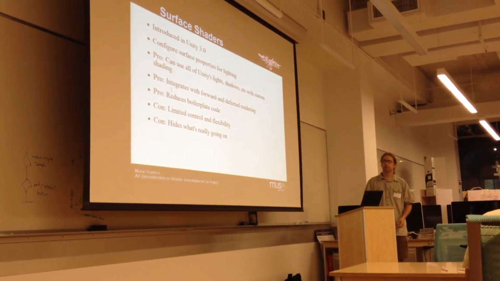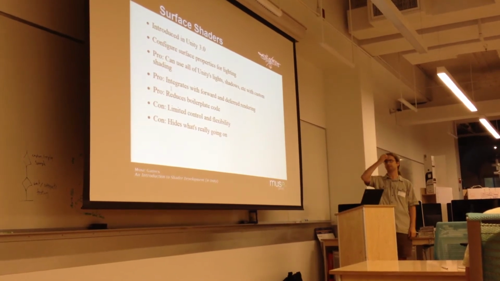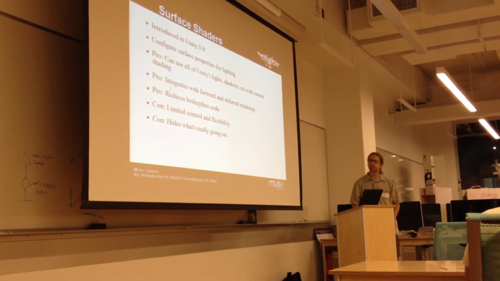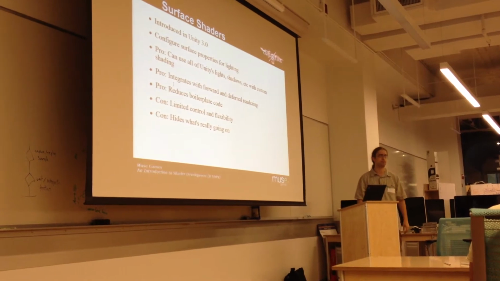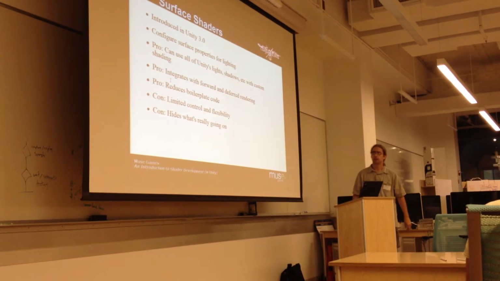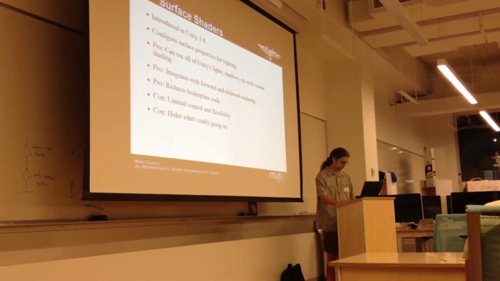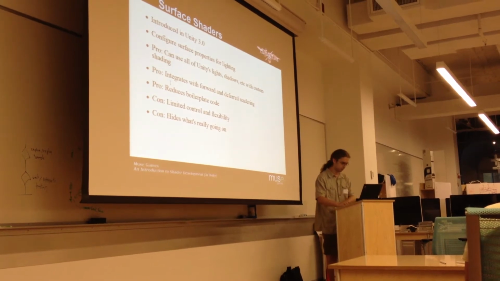You can use it mostly with both forward and deferred lighting, although there are some limits on using surface shaders in deferred. And it heavily reduces the amount of boilerplate setup code that you have to put in every single shader. But ultimately, it is limited and it hides what's actually going on. So I'm going to talk about it for a little bit and then move on to the guts.